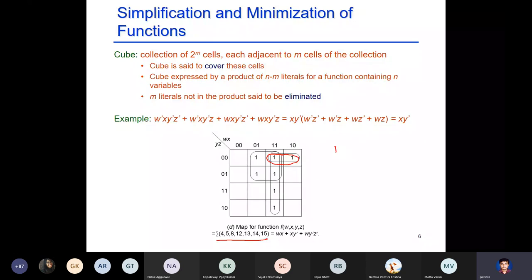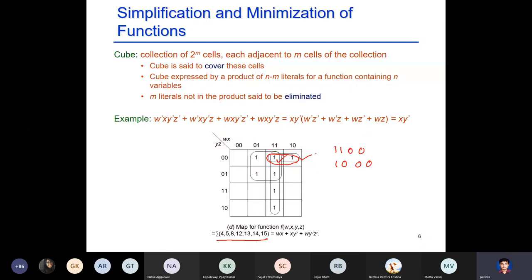What is this? This is W, because the order is W X Y Z. W is 1. X is X prime, because this is 0 here. Z is Z prime. And what was the original thing? This was W X Y prime Z prime. I'm just looking at these two, not the others.